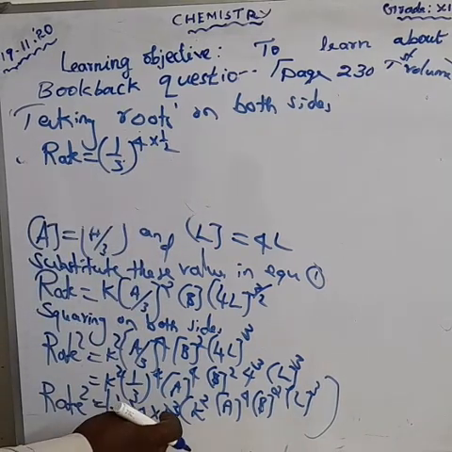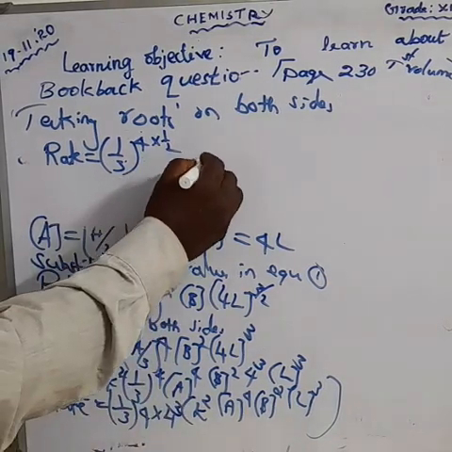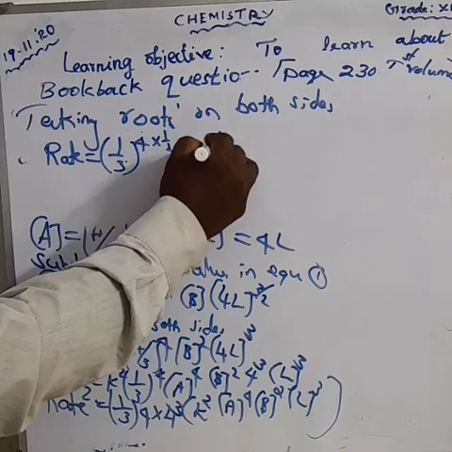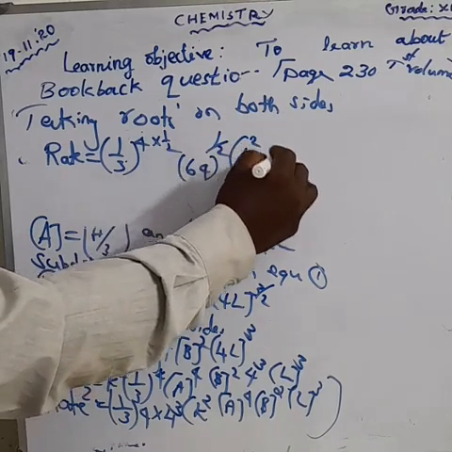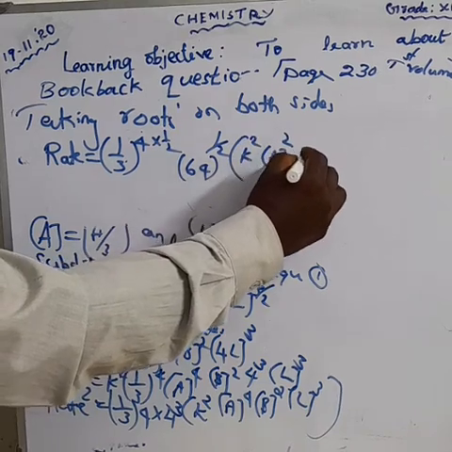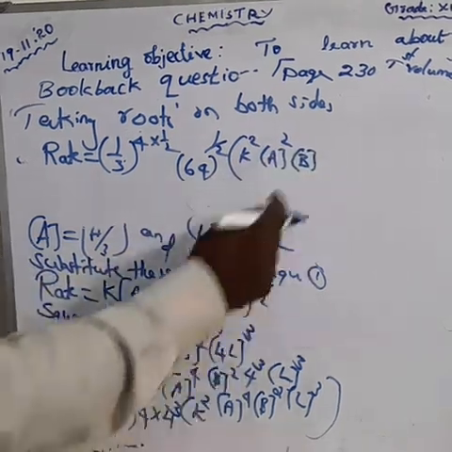Then 4 into 4 cube we can write as 64 to the 1 by 2, K square A square B and L 3 by 2.